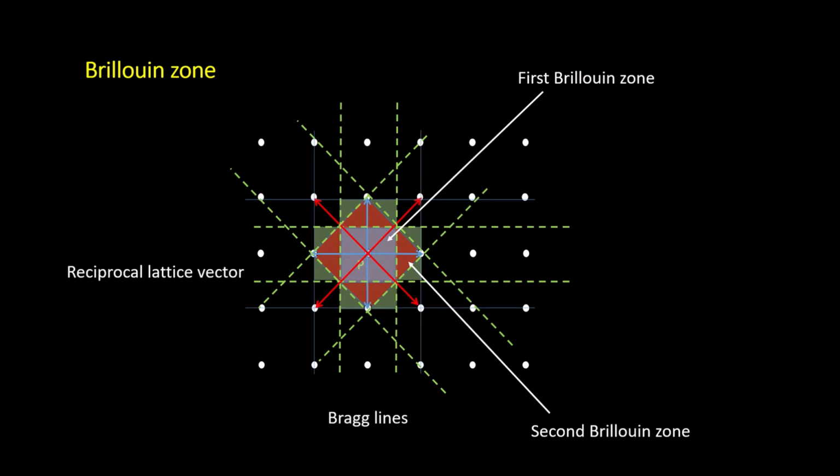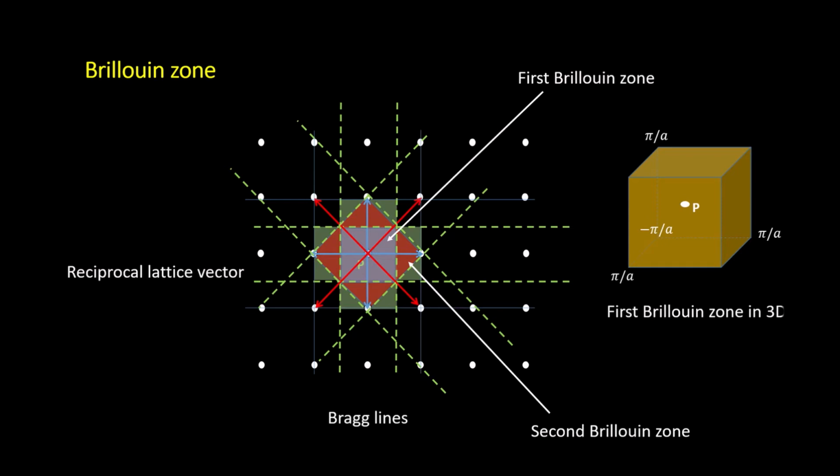You can also note that the first Brillouin zone contains one lattice point, the second Brillouin zone 2, and the third Brillouin zone 3, etc. In general, the nth Brillouin zone can be defined as the area, or volume in the three-dimensional case, in reciprocal space that can be reached from the origin by crossing exactly n-1 Bragg lines, or n-1 Bragg planes for the three-dimensional case. All Brillouin zones have the same area in 2 dimensions or the same volume in 3 dimensions.